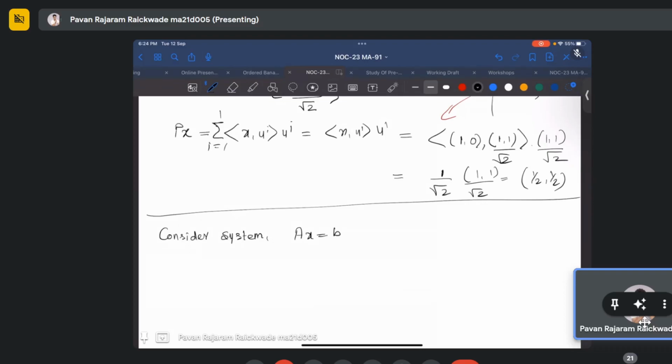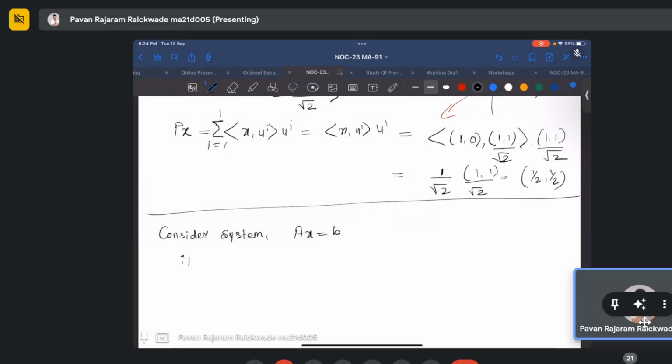Everything in matrix analysis revolves around solving this system of equations. If A is invertible, then x equals A inverse b straight away. But if A is not invertible, we still want to solve Ax equals b somehow. We don't want to get exactly to b, but as near to b as we can. What does that mean?